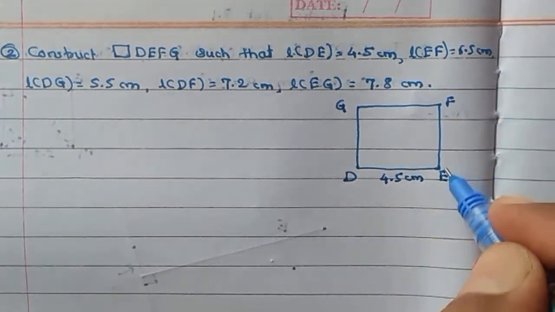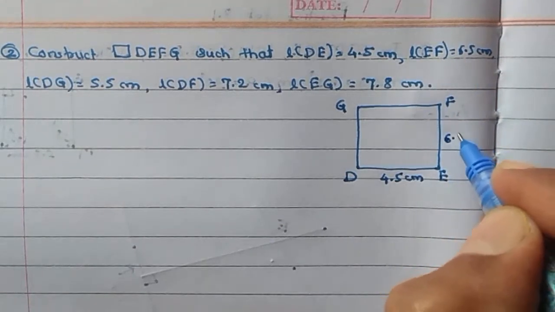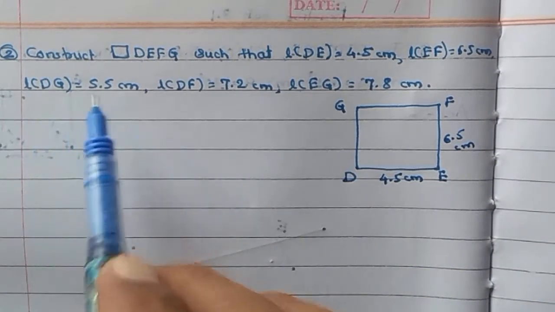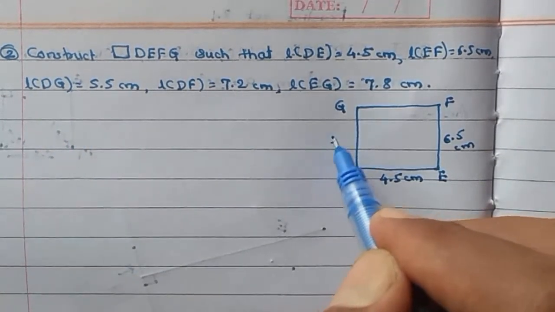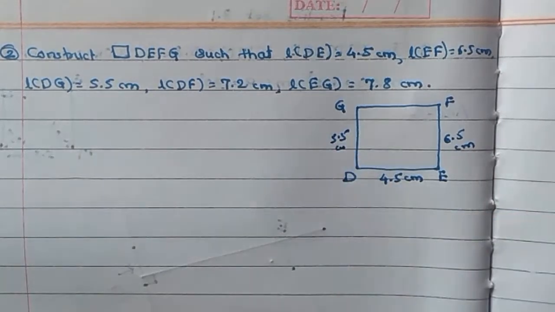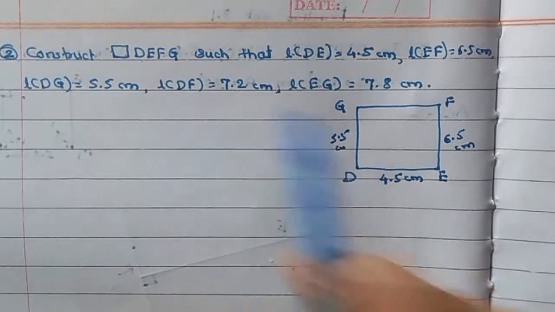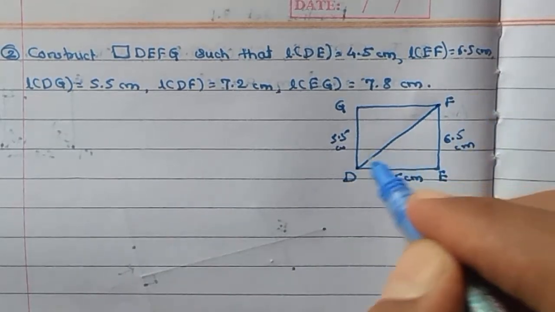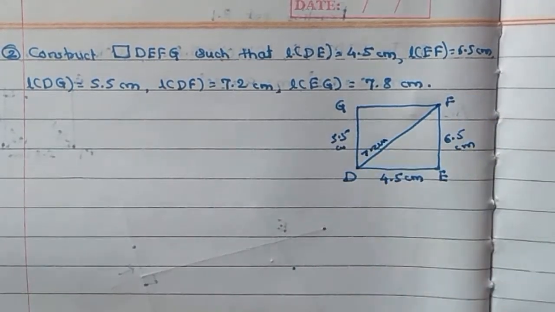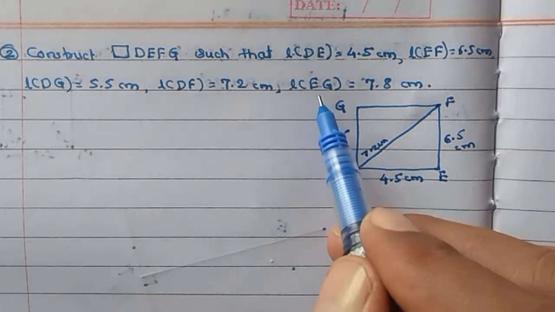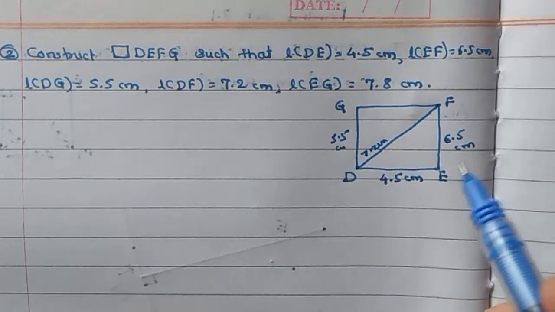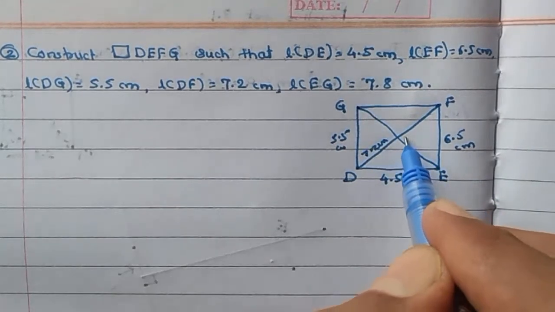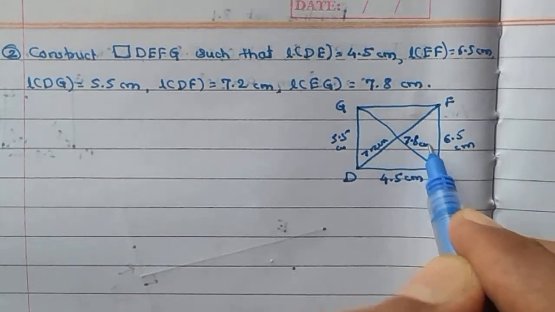EF is equal to 6.5 centimeter. Then DG is equal to 5.5. Then length of DF. DF is a diagonal. DF is 7.2 centimeter. Then EG is also a diagonal. So length of EG is equal to 7.8 centimeter.